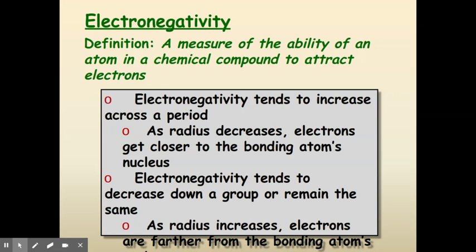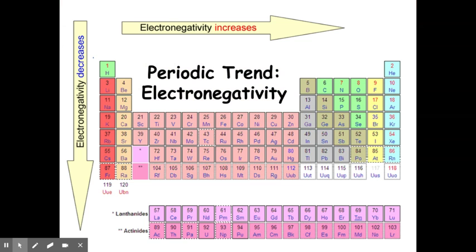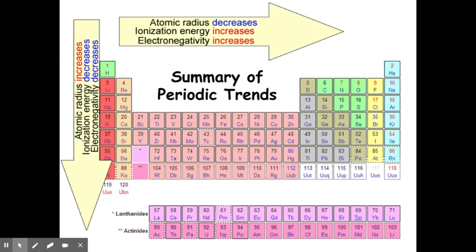As a radius increases, electrons are farther from the atom's nucleus. So again, electronegativity is going to increase as you go across, except for the noble gases, right? They're not in this game. And decrease as you go down. So highest electronegativity, fluorine, right there. So there they all are on one chart.